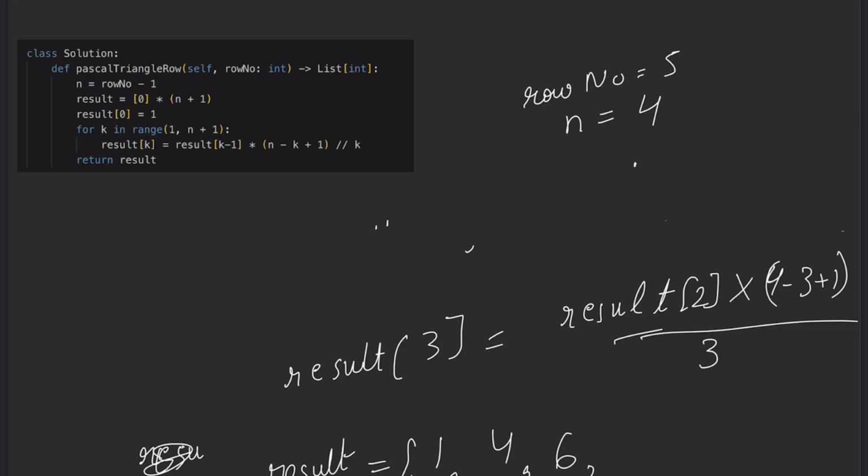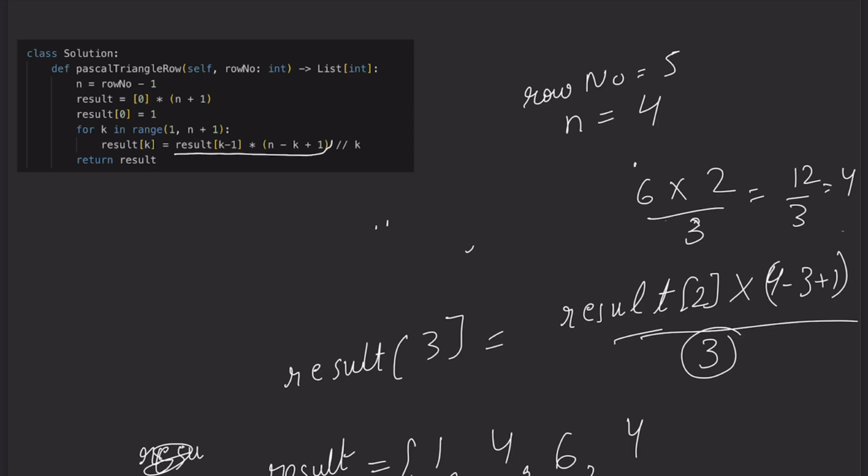So 6 times 2 upon 3, which is 12 by 3, which is 4. So now we have 4. The point that I got confused about earlier is that this division occurs at the end. So basically, when we have this operation, multiplication is performed first and then division. Multiplication and division are performed from left to right.